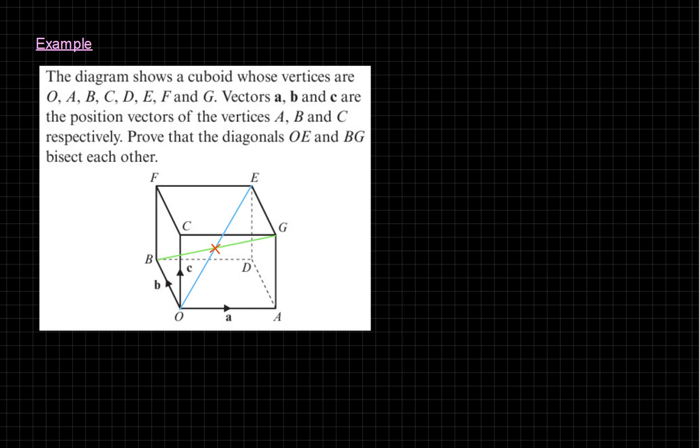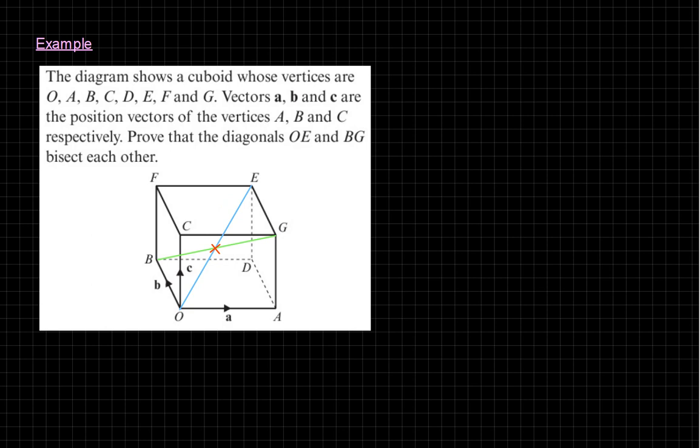So to say bisect means specifically that this distance here and this distance here are equal, right? And similarly, that distance there and that distance there are equal. So it's not just that they intersect each other, it's also specifically half.